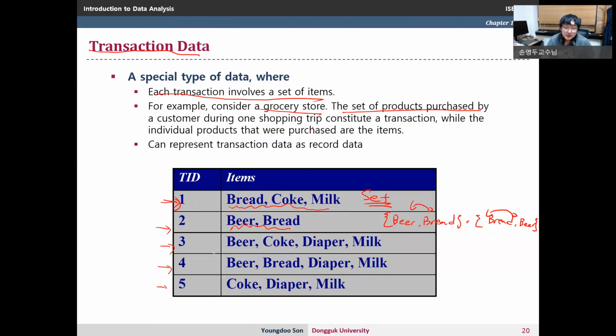The third bought beer, coke, diaper, and milk. So these are typical examples of transaction data, and this transaction data is also considered a type of record data because it records purchases. And with this transaction data, we usually conduct association analysis.